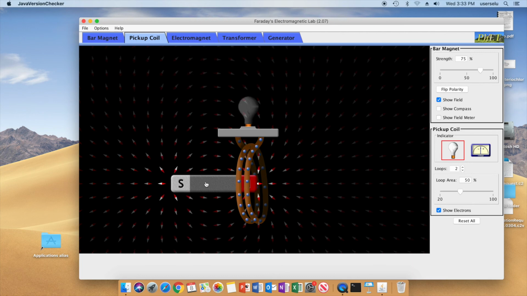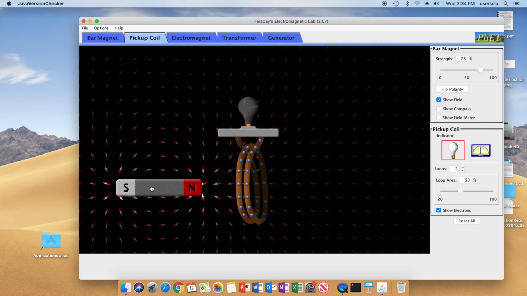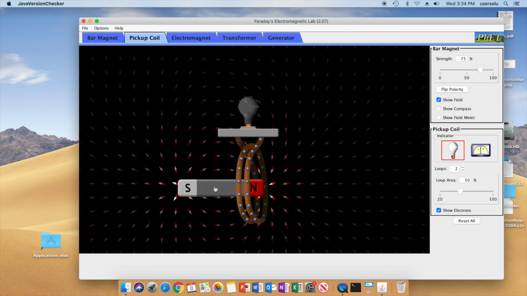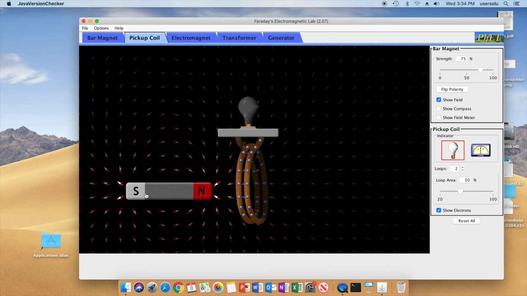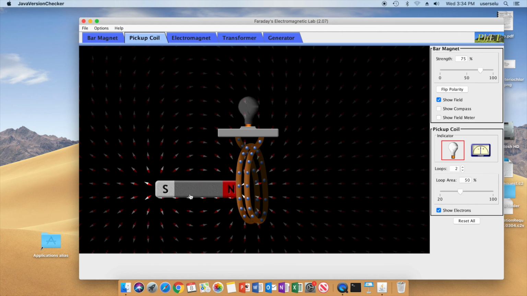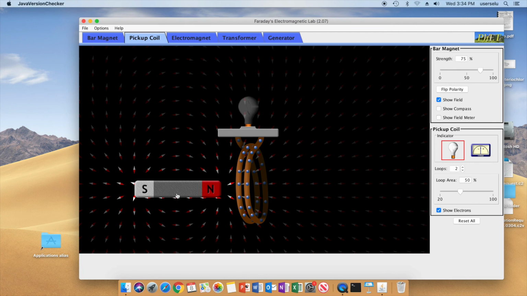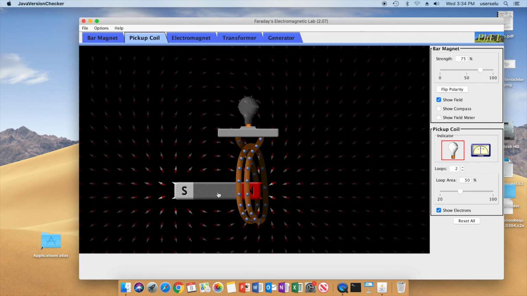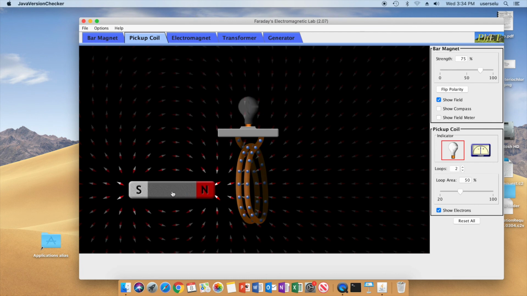Now, when I pull the bar away, notice now the dots are moving up the page. I am decreasing the north lines in the loop. The coil itself will increase north lines because of my action. To increase north lines, remember, the dots are moving up as I pull N away.